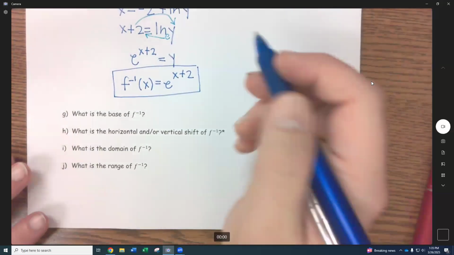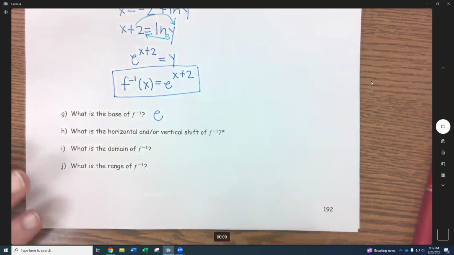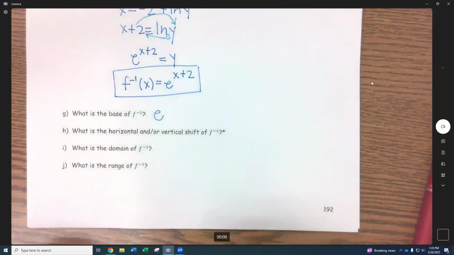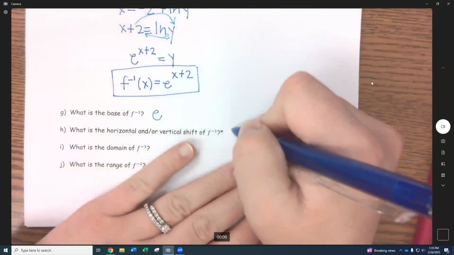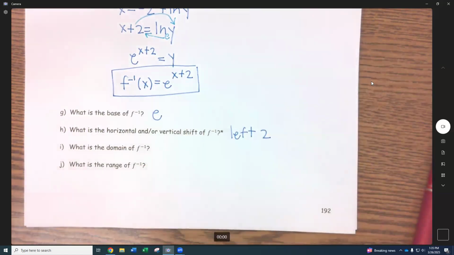And that is e. The bases are going to be the same. So if it's a base e for log, it's a base e exponential. What is the horizontal and or vertical shift when it is inside? That's left and right, and it's opposite of what we think. So this is left 2.